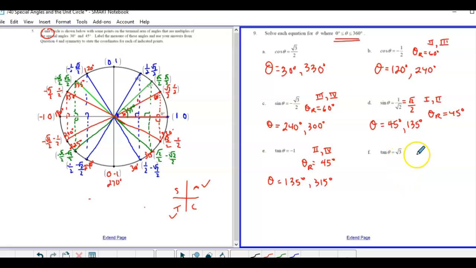Then tan of root 3. So tan is positive in the first and the third quadrants. Okay, reference angle for root 3. So that means your root 3 over 2 is bigger than your 1/2, right? So that means your y has to be your root 3, your bigger side.